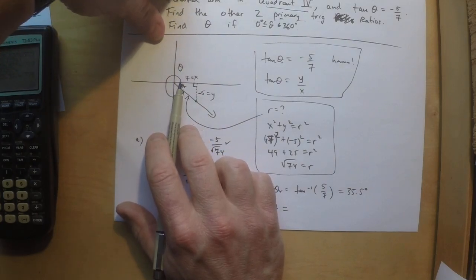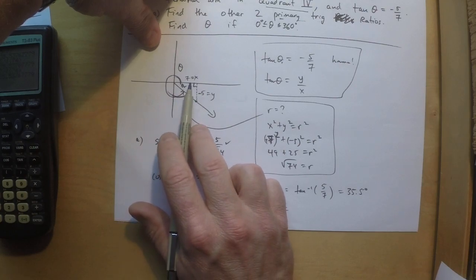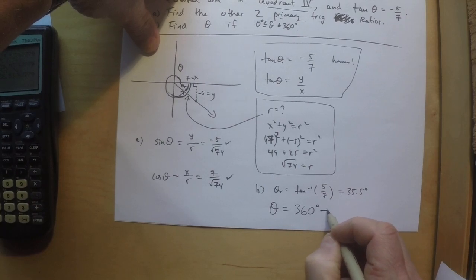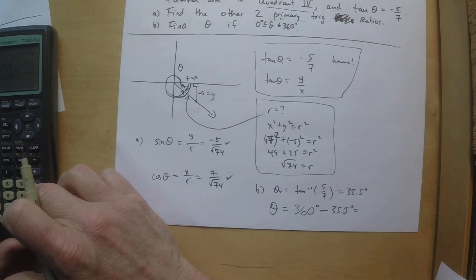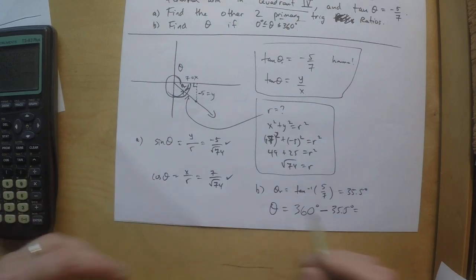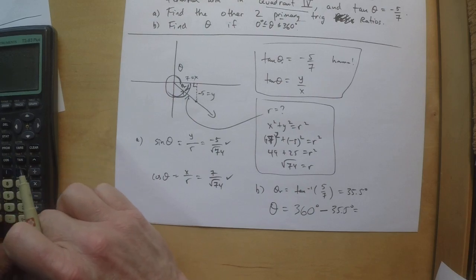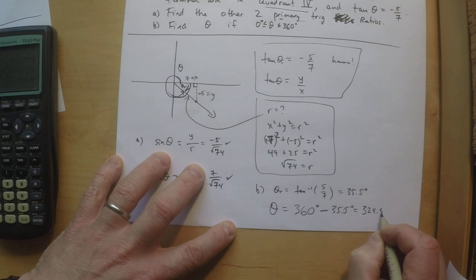That angle has to be, well, if I had gone all the way around, it would have been 360, but I'm backing up the reference angle. So it's going to be 360 minus 35.5. Should be able to do that in my head. Well, I'm not going to trust my head right now. It's been a long day. 36, okay, that gives me 324.5 degrees.